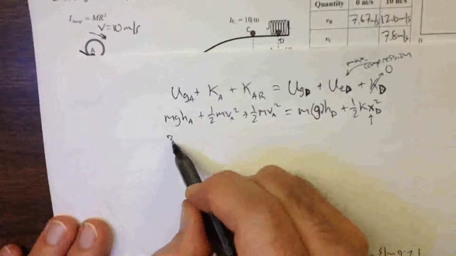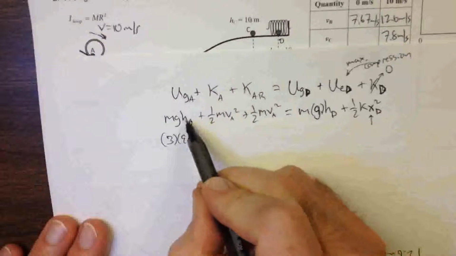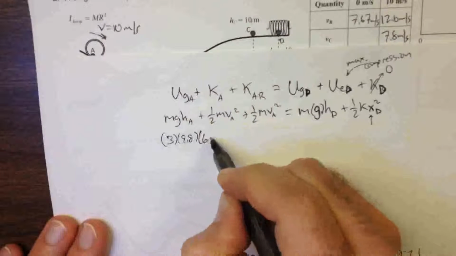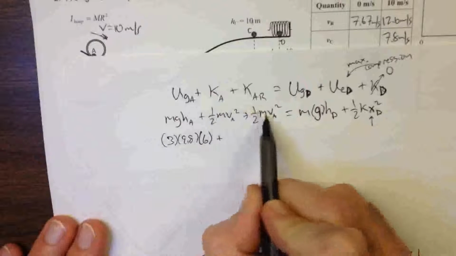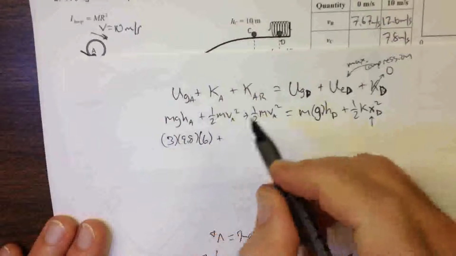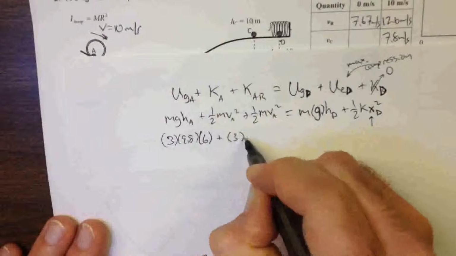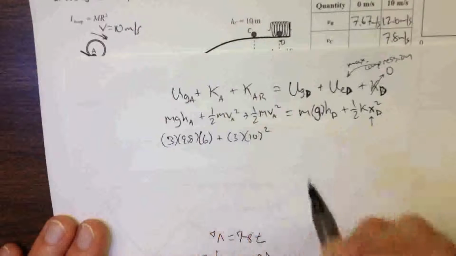So let's do this. We've got 3 kilograms, g is 9.8, and at height A, 6 meters. Now if we combine these two, 1/2 plus 1/2 is a whole, that'll give us mass times velocity at A squared, which is 10 squared.